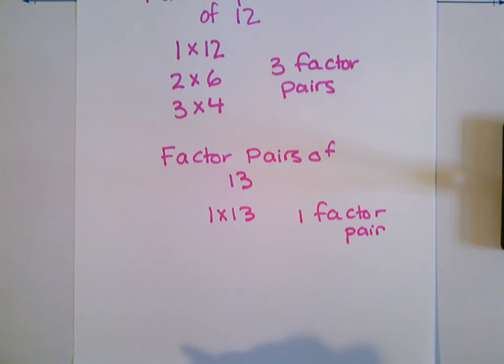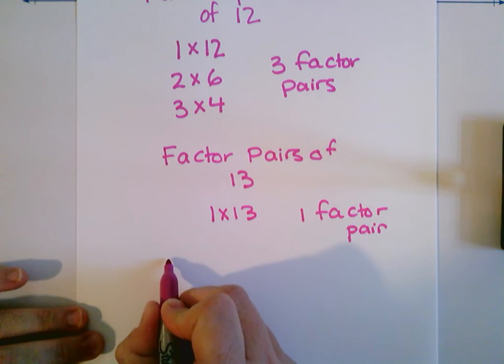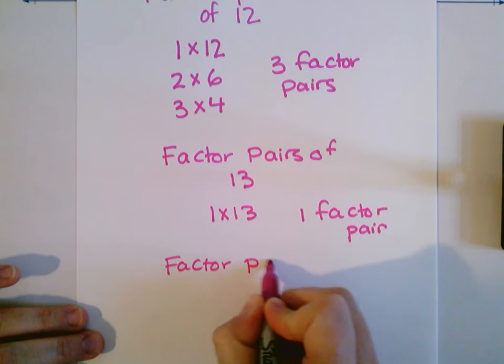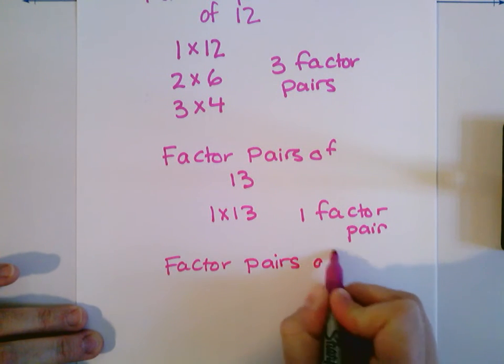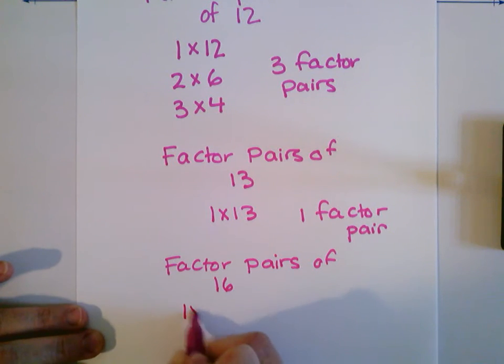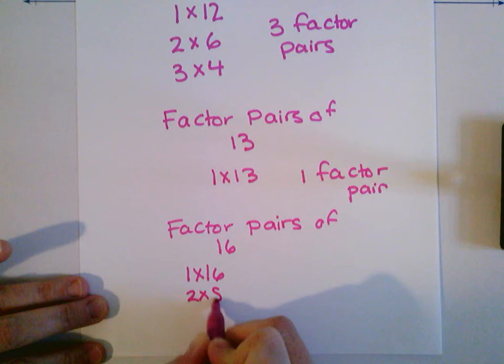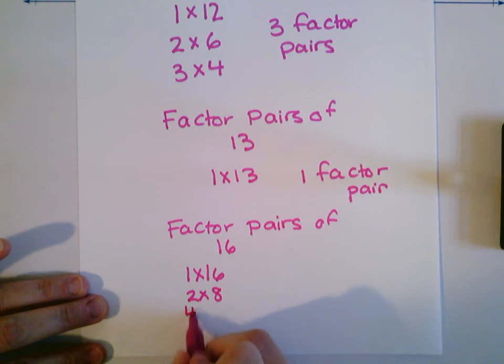All right. If I tried another number like 16, the factor pairs of 16, I know I can do 1 times 16. I know I can do 2 times 8 because I know that multiplication fact, and I know 4 times 4.